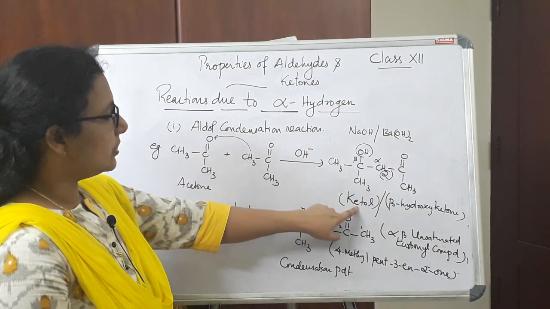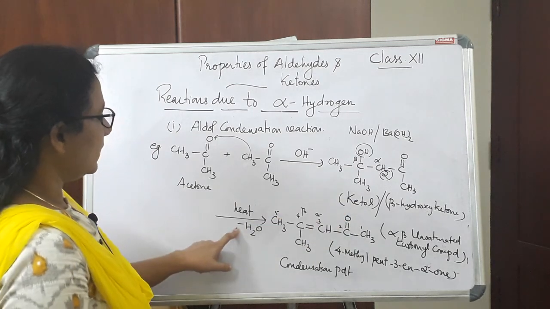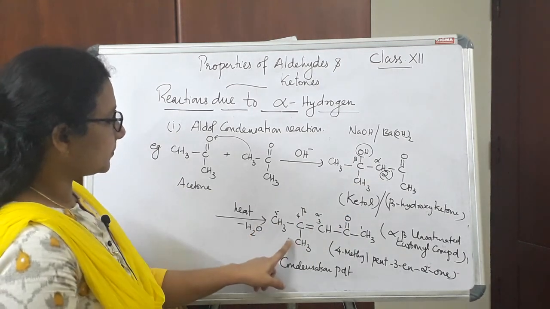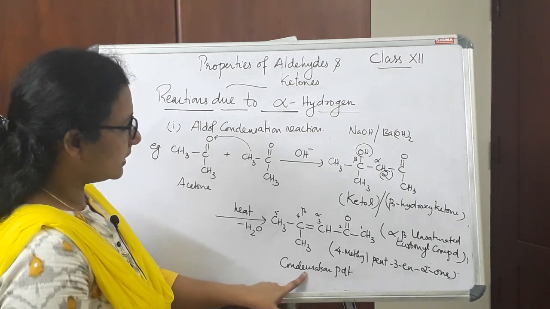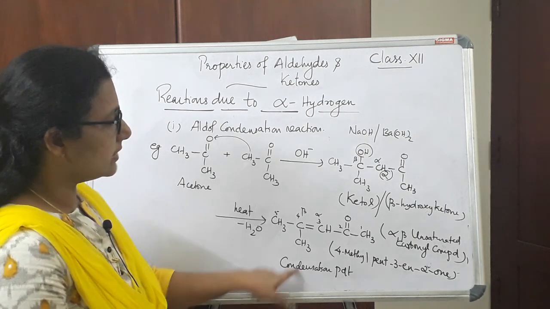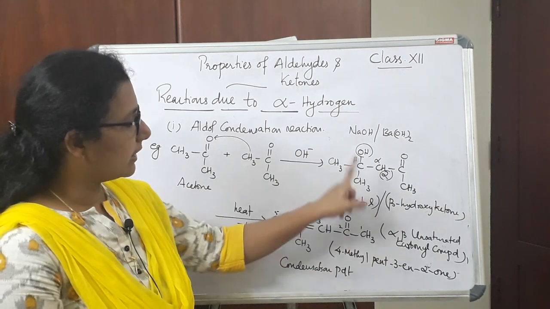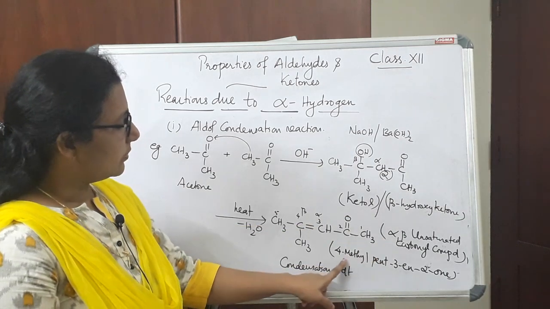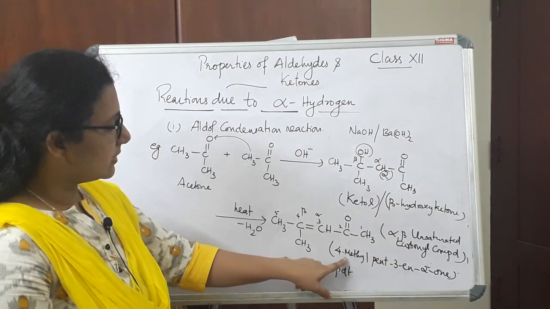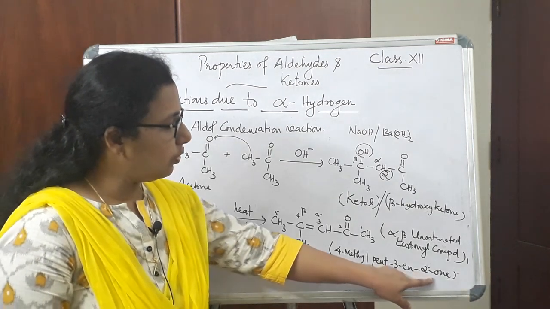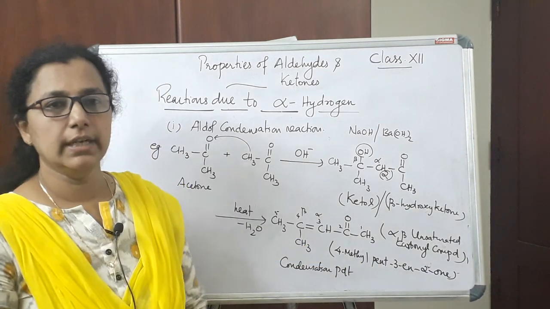On heating, one molecule of water is eliminated from here and the condensation product is formed, and this condensation product is an alpha beta unsaturated carbonyl compound as in the case of aldehyde. The name of this product is 4-methylpent-3-en-2-one. So this will be the final product.